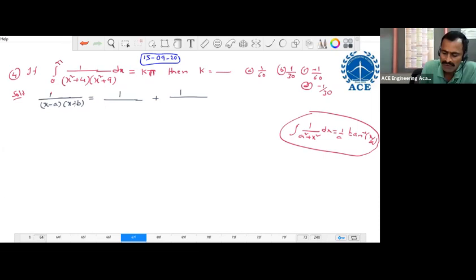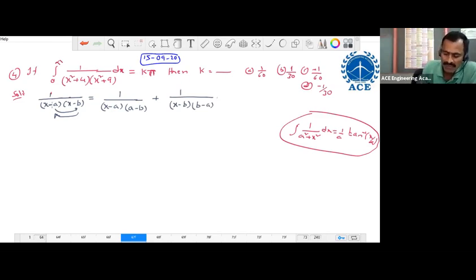We can start with any one of the factors. I'm starting with the x minus a factor, and then write the difference of these two constants, a minus b, plus in the other term, we write the other factor x minus b into the difference of these two constants, b minus a. It is a direct formula to write the partial fractions of the product of two linear factors only.